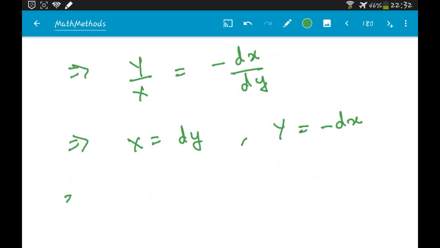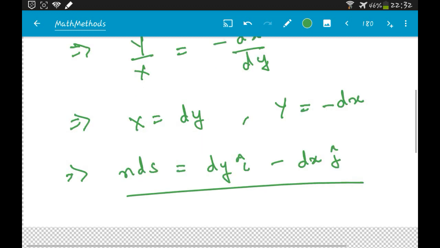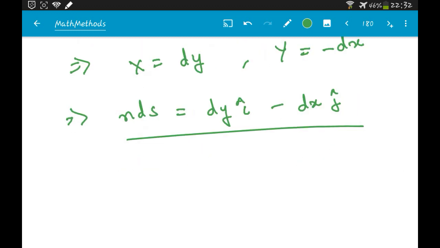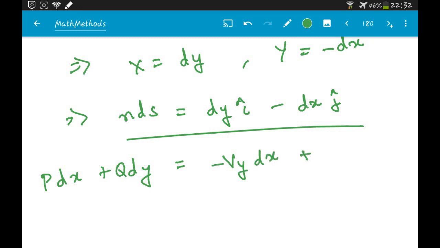So we'll get our n ds vector as dy i minus dx j. Okay, so this is our n ds, and this is the unit vector. Now P dx plus Q dy is nothing but minus Vy dx plus Vx dy.